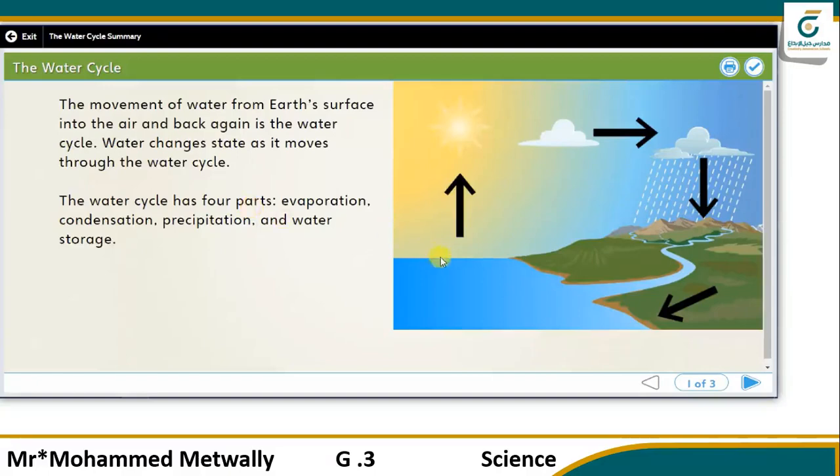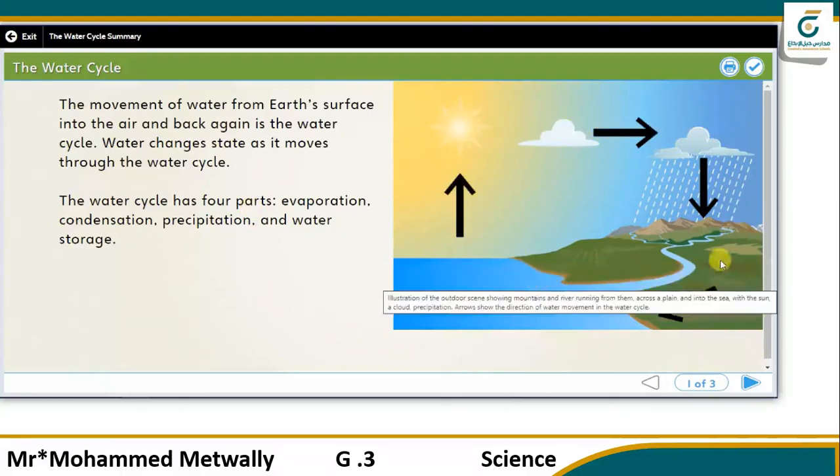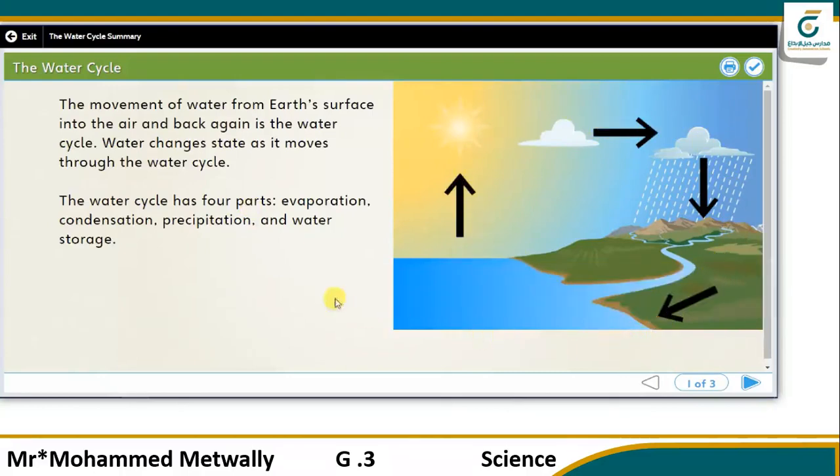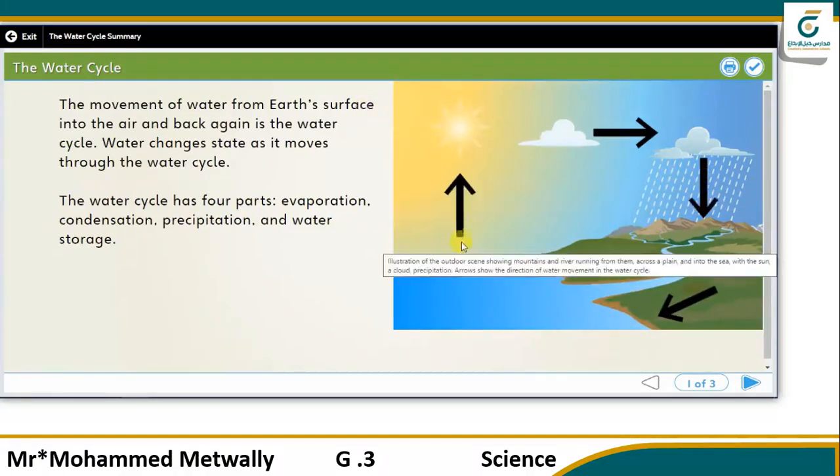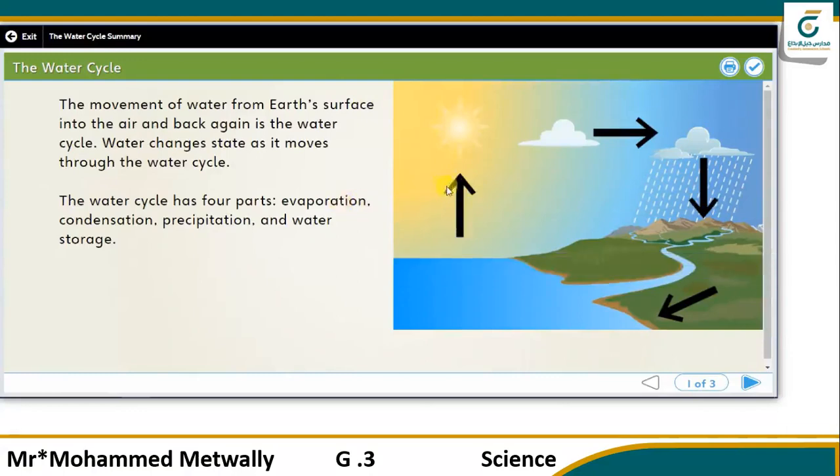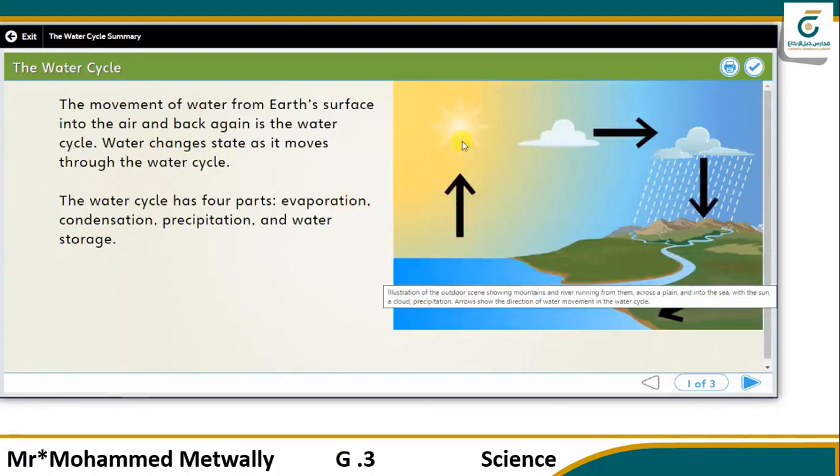Yes, these arrows represent the 4 stages or parts that form the water cycle. If the arrow looks upward here, it represents evaporation. When the sun warms the water, it will be evaporated. So for evaporation, the arrow must look upward.